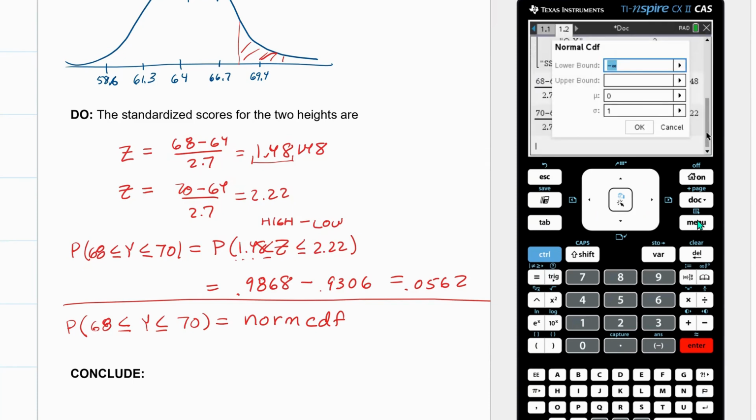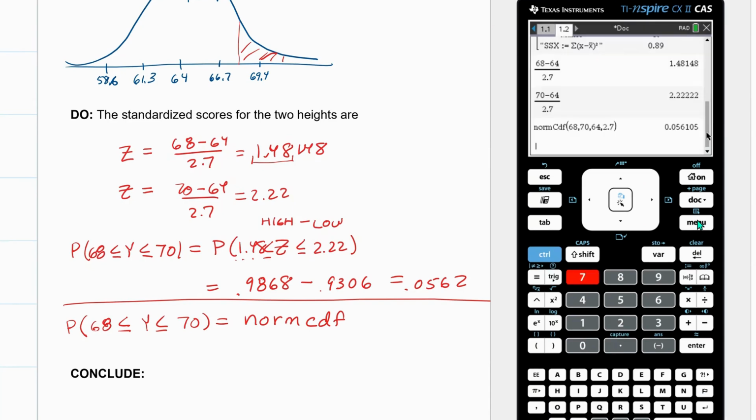It asks us what's the lower bound, where our lower bound is 68. What's our upper bound? Well, it's 70. What's our mean? I believe that one was 64. And our standard deviation is 2.7. So normCDF: lower bound, upper bound, mean, standard deviation.